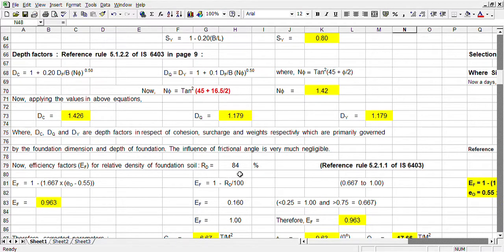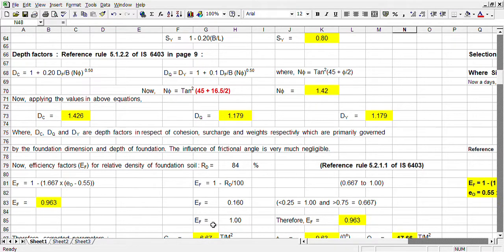Otherwise it is local shear. So for local shear it becomes 2/3, and for general shear 100% of the soil parameters can be considered. I have derived this equation mathematically, both from void ratio and from relative density.